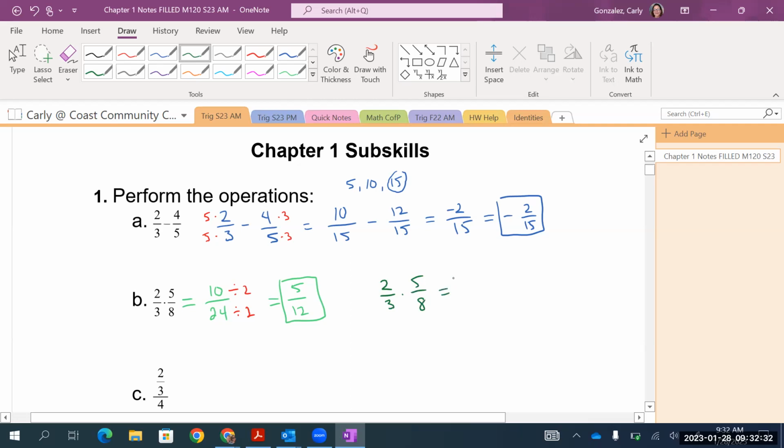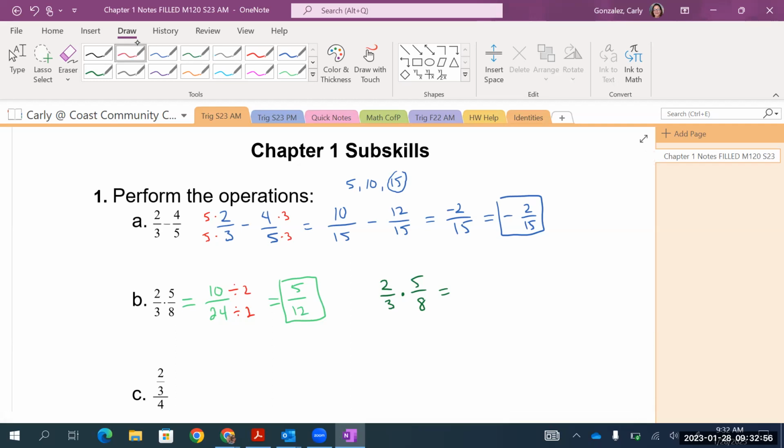If we have 2/3 times 5/8, one very helpful strategy is to reduce before we continue on. And this is a nice strategy that works as long as we are multiplying fractions or rational expressions. So this reducing first is only an option when you're multiplying.